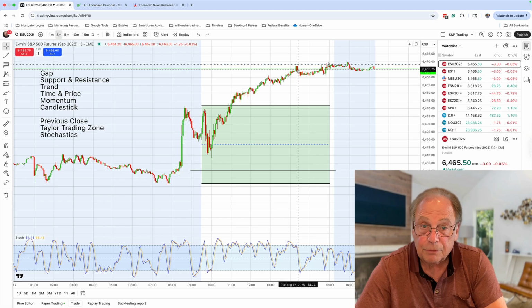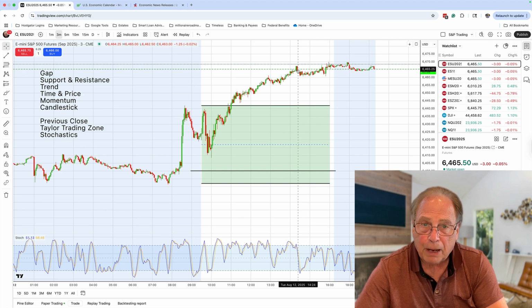Learning 6 trade setups, of course, is simple. The key is to be able to recognize them and confirm them with your confirmation indicator, which for me is stochastics. For you, it might be relative strength index or another indicator. I use stochastics. Either they're overbought or oversold to confirm a trade setup.